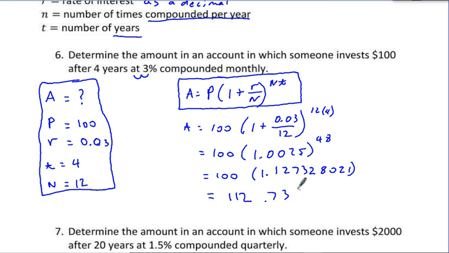At this point, you can round to the nearest penny. Any decimal places after that really don't make sense when dealing with money. So by investing $100 for 4 years at 3%, you would earn $12.73 in interest.